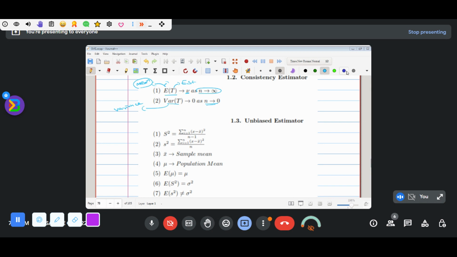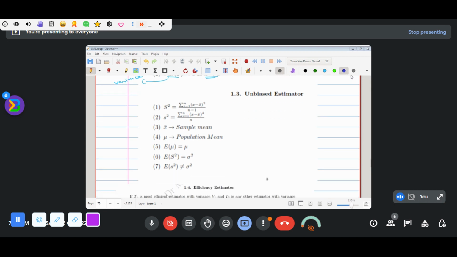Similarly, to define the unbiased estimator: suppose the estimator is unbiased, then the following conditions are satisfied, and these are the basic notations and formulas. Capital S squared is summation (x minus x bar) the whole square divided by n minus 1, which you already know from the unit on testing of hypothesis. Small s squared is summation (x minus x bar) the whole square divided by n.